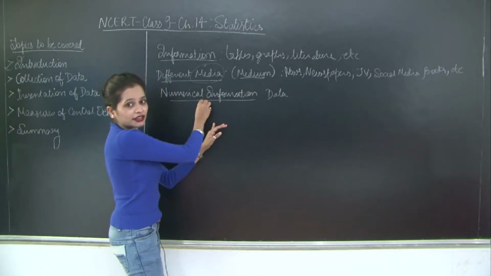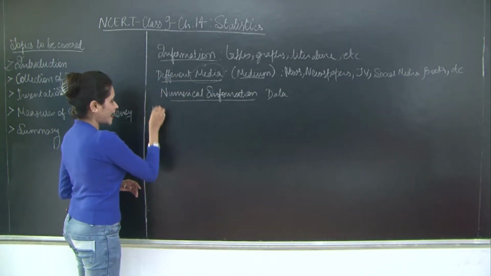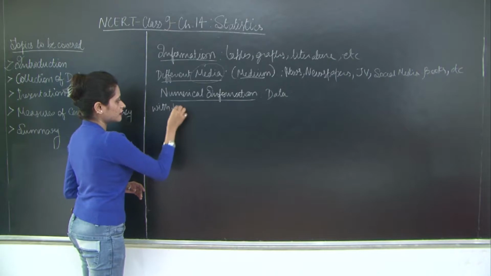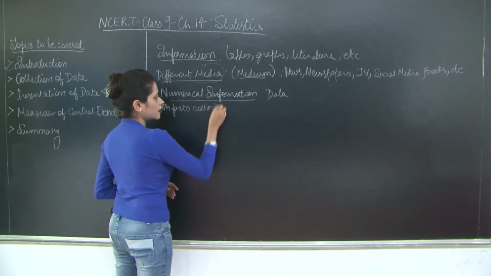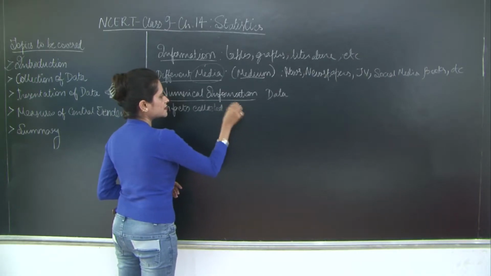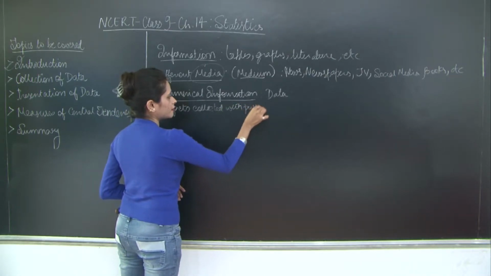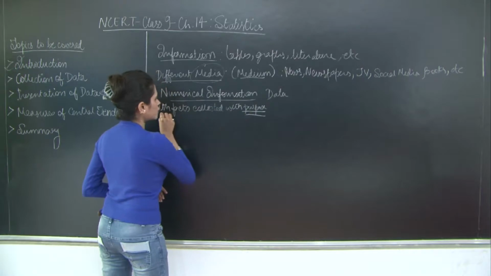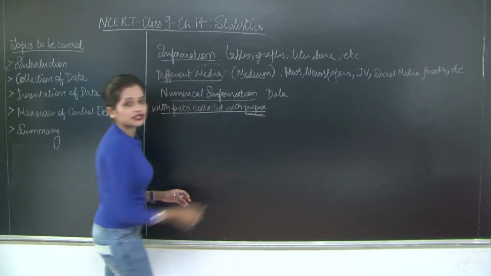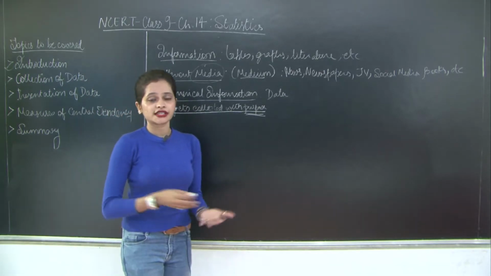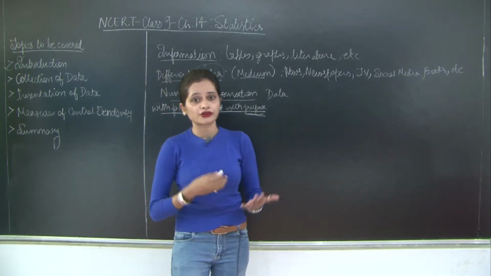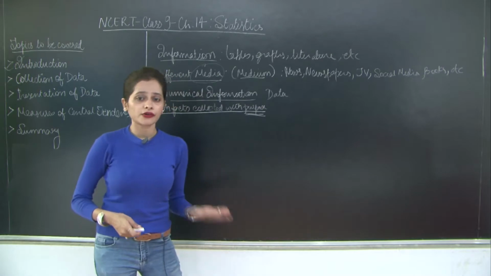So numerical information with facts collected with a purpose. The purpose here is very important. Like I said, if you're looking up in your book where you've written down your friends' phone numbers and roll numbers, only the phone numbers are of importance to you.